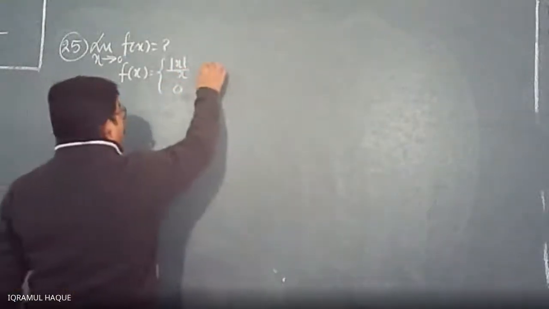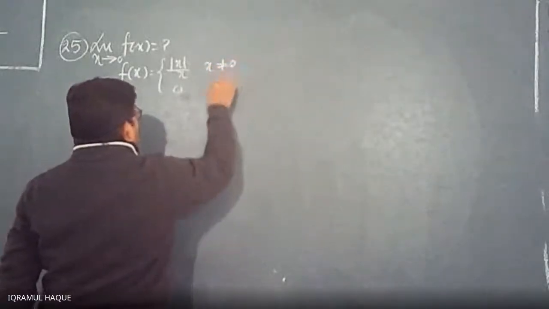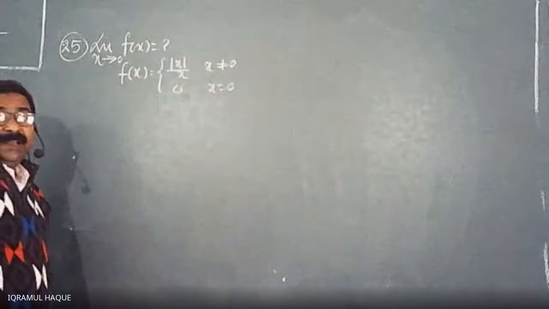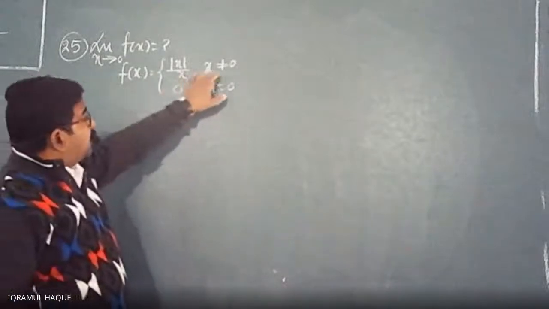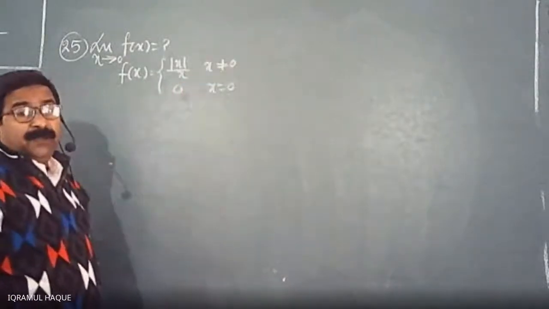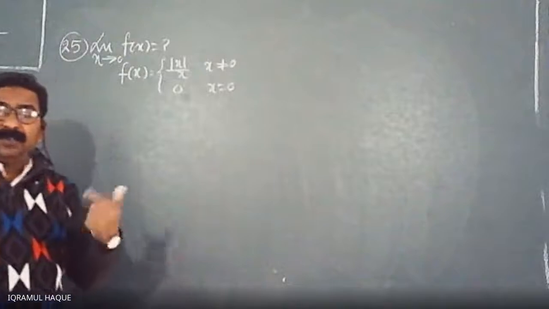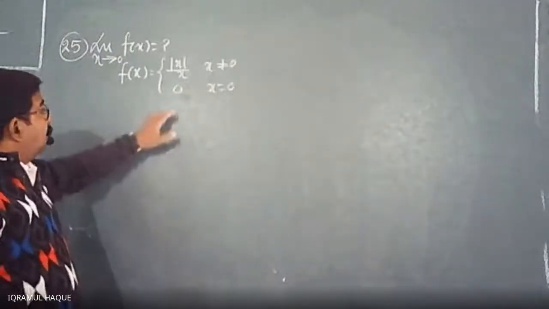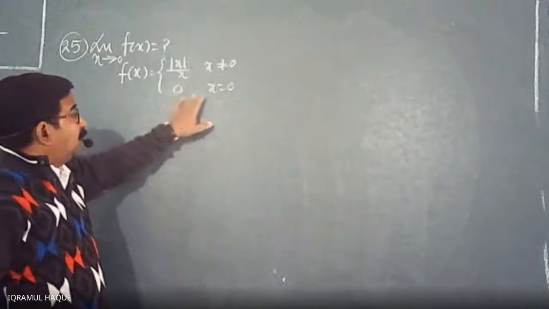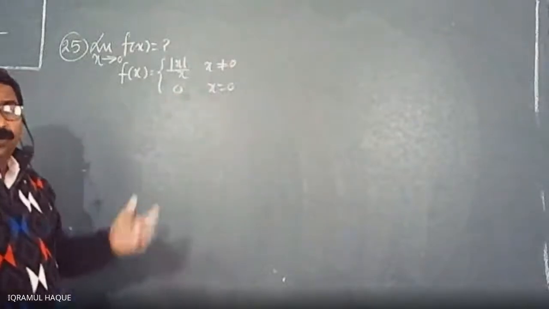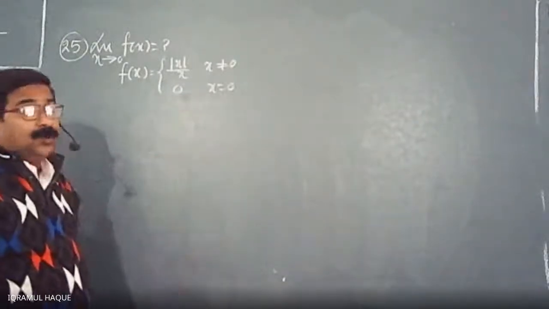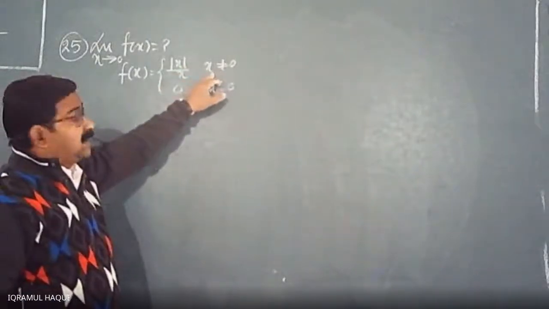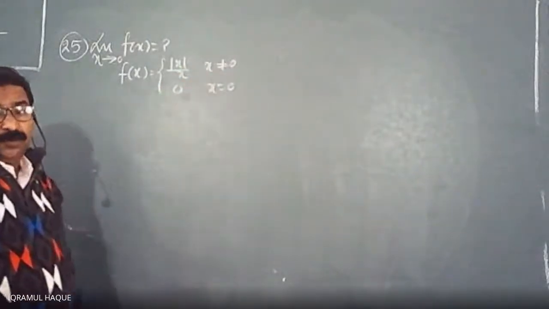When x is not equal to 0, it means either the value is more than 0 or less than 0. When x is equal to 0, the function is 0, so there is no question about x equal to 0. We have two limits here: x less than 0 and x more than 0.